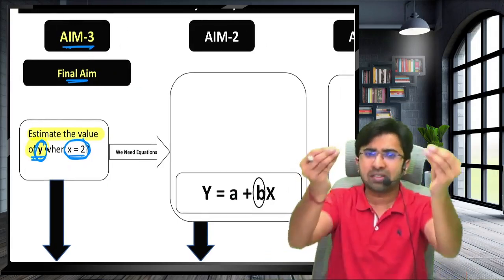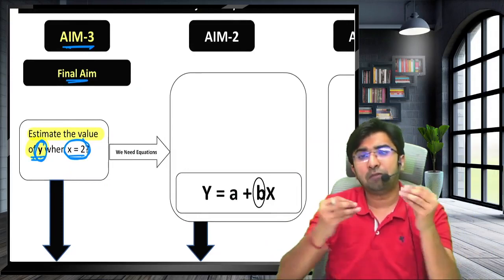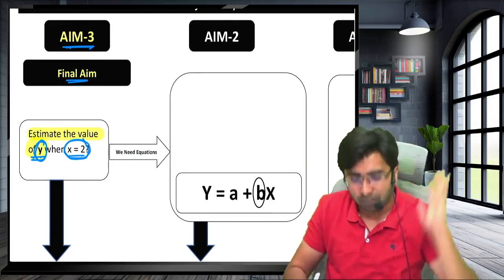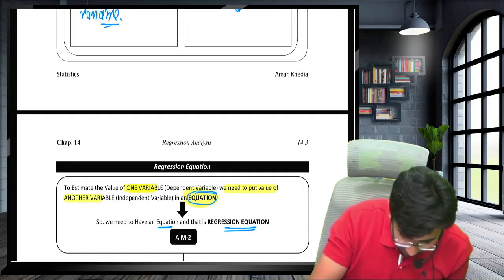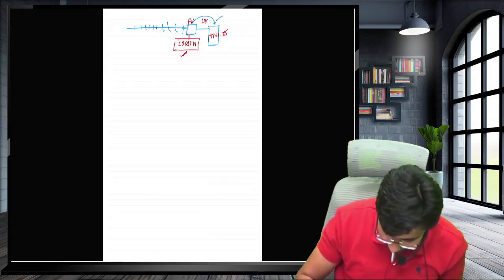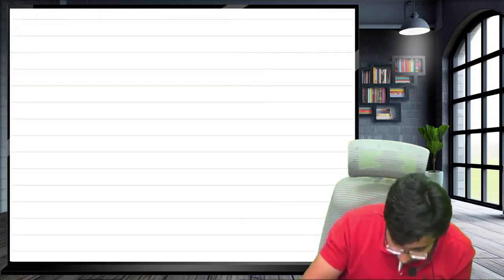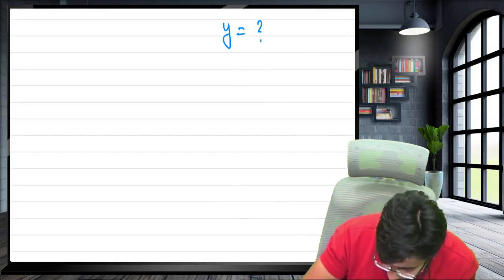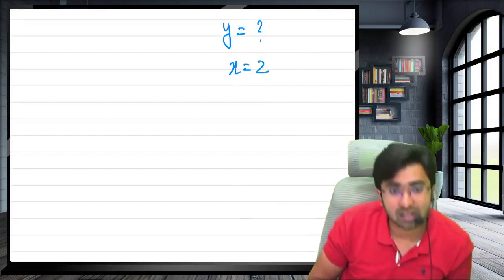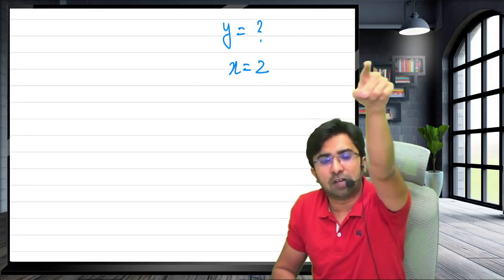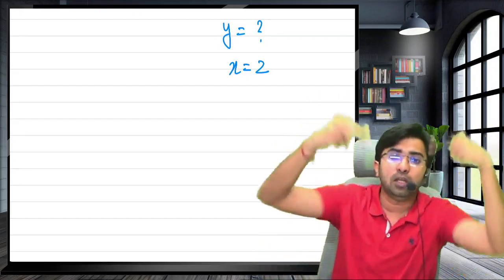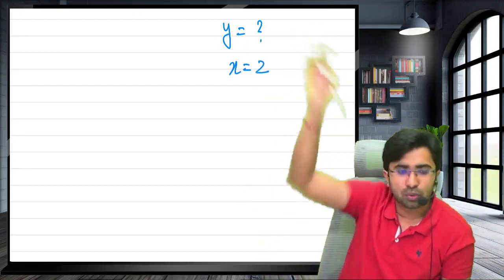We can estimate the value of one variable, but we need to have one equation. For example, what is the value of y when x is 2? You have to estimate the value of one variable y when the value of another variable x is known, which is 2.